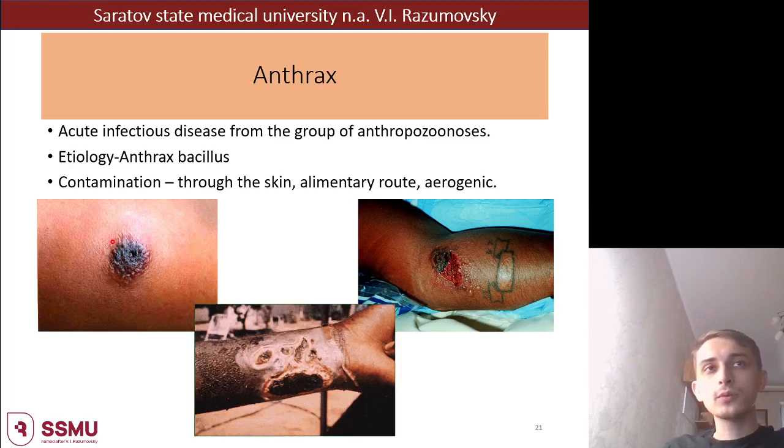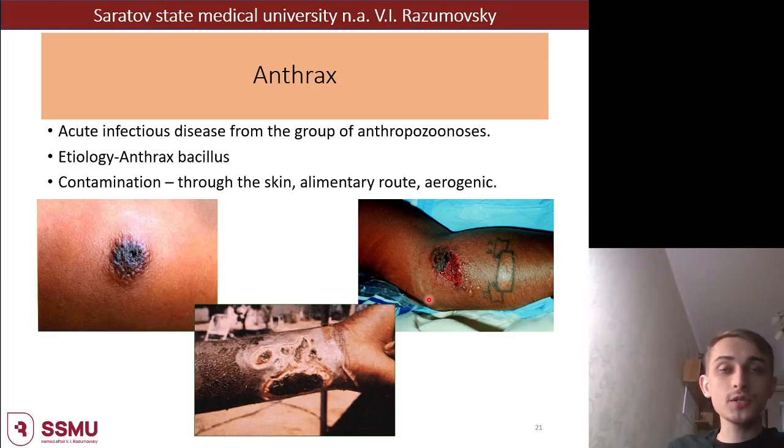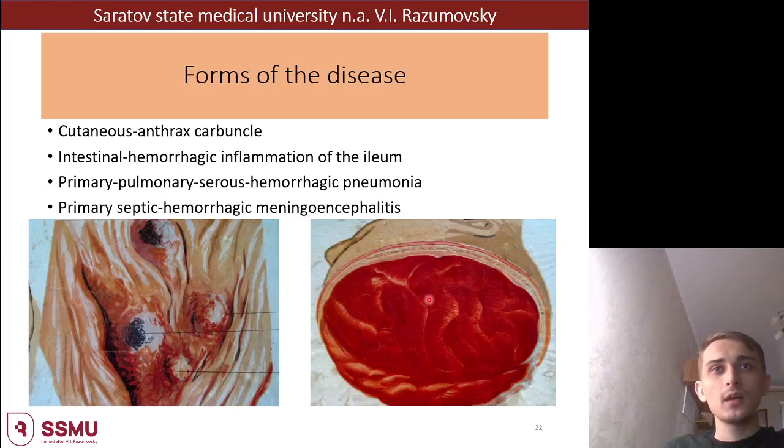An anthrax carbuncle is a special blister with a dark or black surface and with serous hemorrhagic fluid in it. So it may look like that or that, so it may have different images.